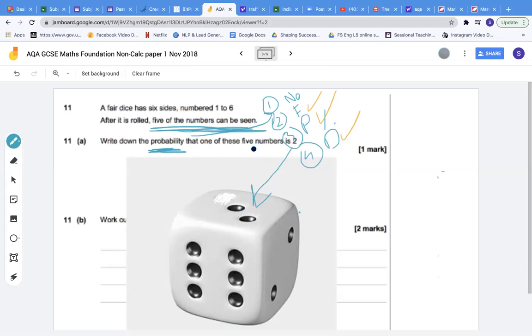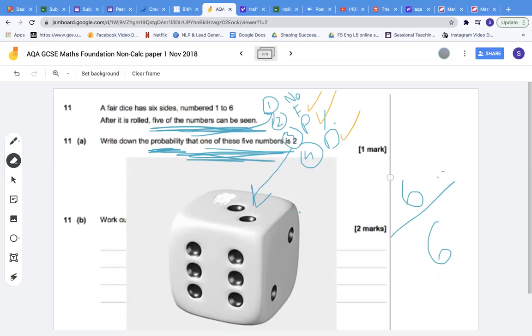The maximum is going to be 6, but you can't see 6 here. You can't say 6 over 6 because only 5 are viewable. So it'll be 5 over 6?